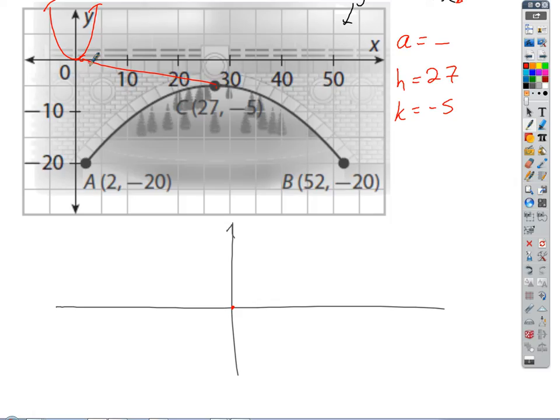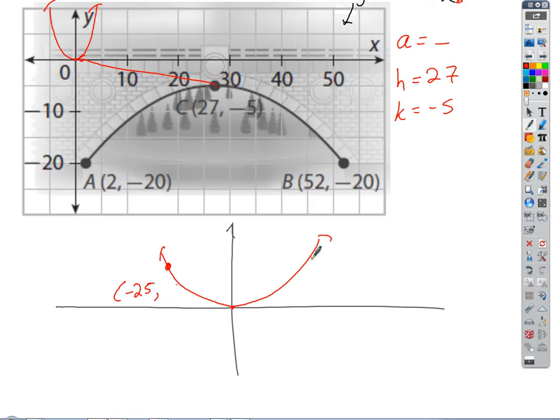Okay, good. So everybody agree that this point is 25 to the left of that one? Because this is at 27, that x value is 27, and that value is 2, right? So we got a point, we'll just call it right there, with coordinates -25. What about over here? 25, right? Isn't 52 25 more than 27?